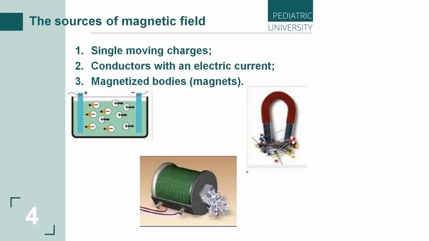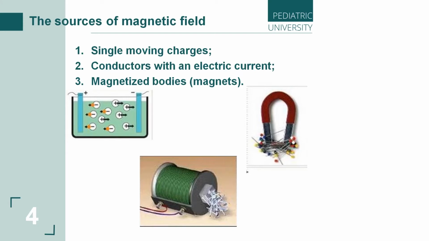After we understood what magnets, magnetic field, and magnetostatics are, we will discuss what the sources of magnetic field are. There are three main sources of magnetic field in the life around us.